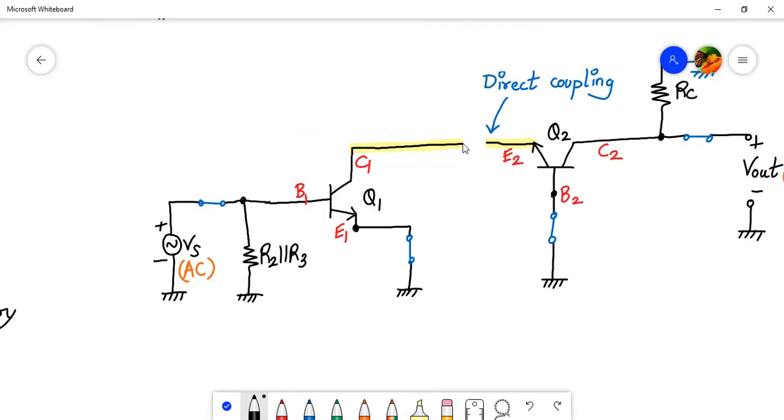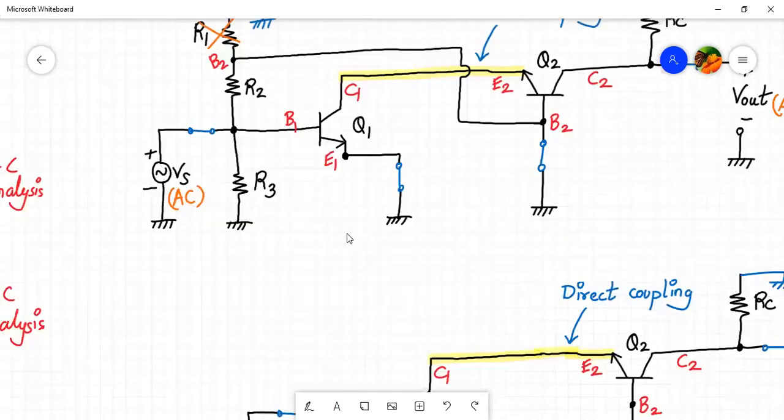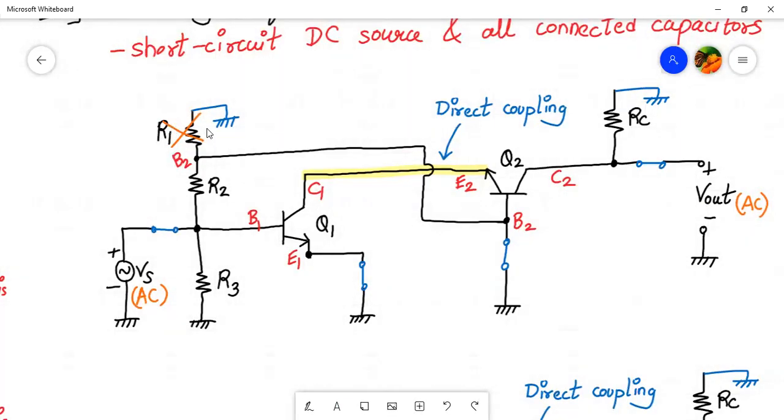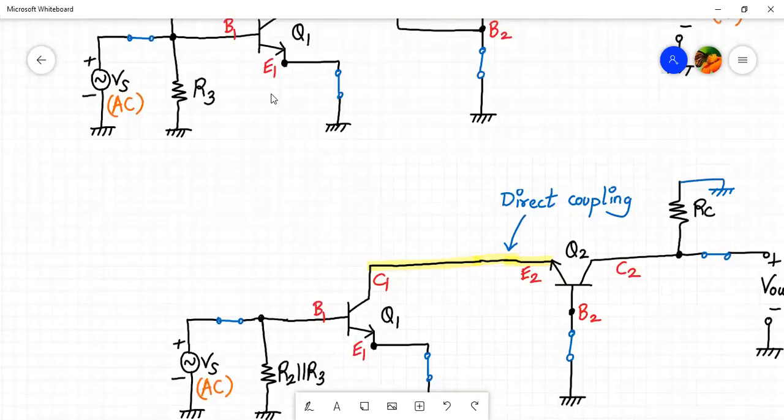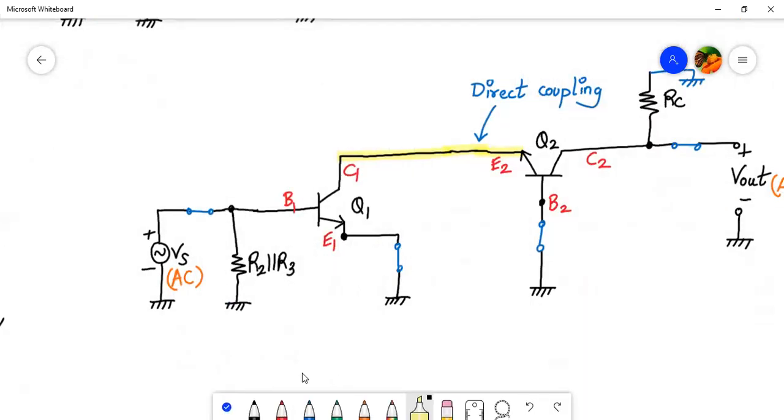So this is the simplified form, and this is your RC coupling. I mean, direct coupling, sorry. So that is what we were looking for earlier. Earlier, what did we have? We have R1 redundant, so we removed it from here, and R2 and R3 we have connected in parallel, right? And that parallel resistance, we can call it RB. So RB will be R2 parallel to R3.